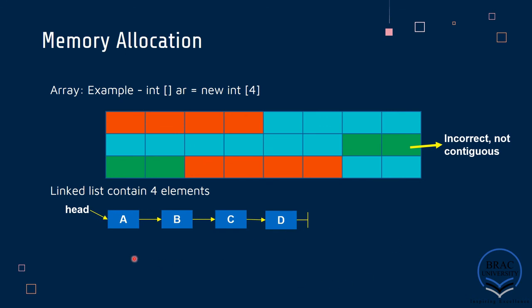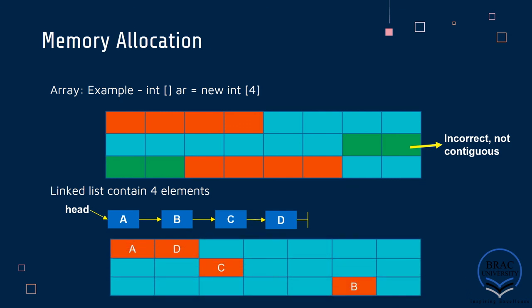Here we have the first node reference as the head. So how are these represented in memory? As we already know, these are objects, and objects have dynamic allocation in the memory. So let's look at the memory allocation.